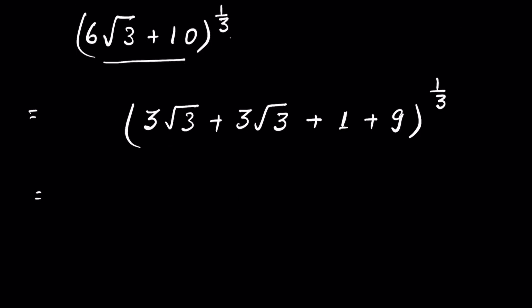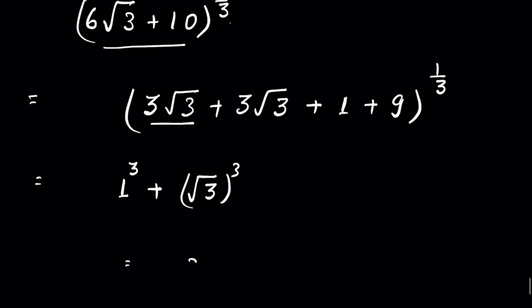Now let's rearrange it. This we can write it as 1 cube plus 3 times square root of 3. This we can write it as square root of 3 cube, because this means 3 cube under square root, and this will be equal to 3 times square root of 3. So 1 cube plus square root of 3 cube plus, now we are left with 3 times square root of 3 plus 9.